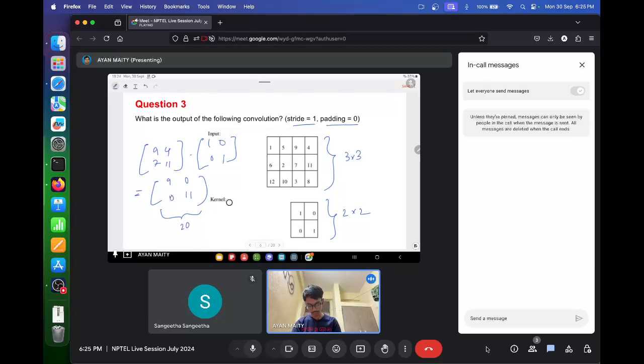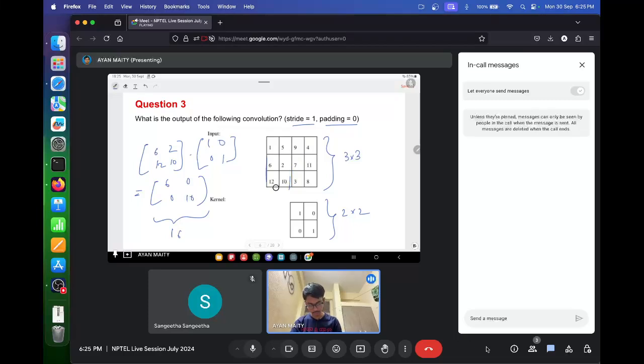Now the next 2 by 2 matrix is this one 6 2 12 10. So pointwise multiplication would give us 6 and 10 in diagonal elements, and 0 and 0. So the total would be 16.